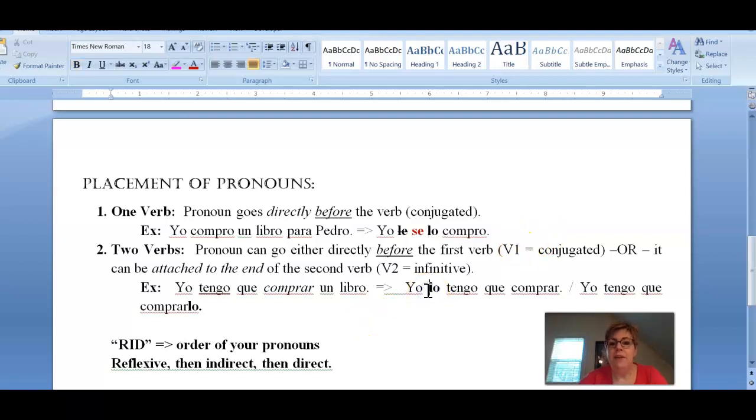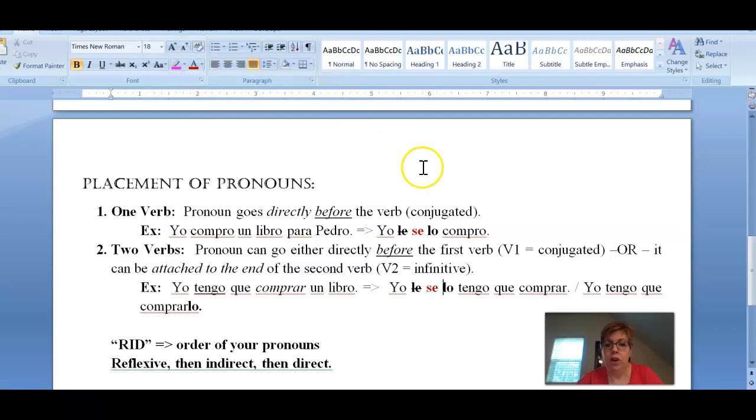Okay? Down here, same thing. I could put le lo, and again, I'd have to change it to se lo. And over here, same thing. It would be Pedro, lo, all attached. But I can't have both pronouns start with an L. So if they both start with an L, you've got to change the le or the la to a se.